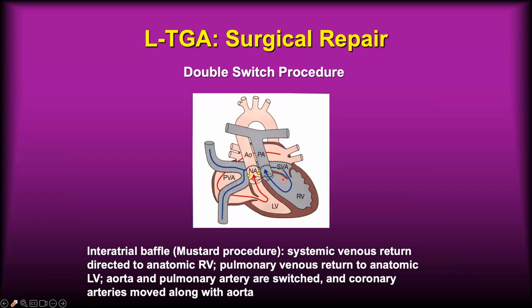Okay, so then it goes in the right ventricle, and it needs to go to the pulmonary artery, but it was pumping to the aorta, so we had to switch the aorta and pulmonary artery. So you're going to have two baffles in place, and the aorta and pulmonary artery are switched. Yep, the coronary arteries have to go to the aorta.